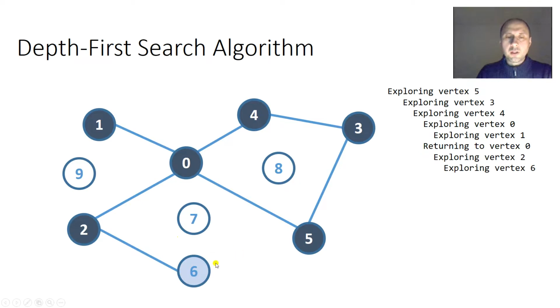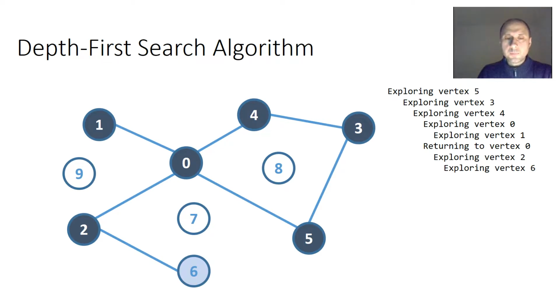By exploring vertex number 6 and testing our trivial condition in the code, we will see that we have found the entity we are looking for, and now we are able to establish a complete path which led us to vertex number 6.